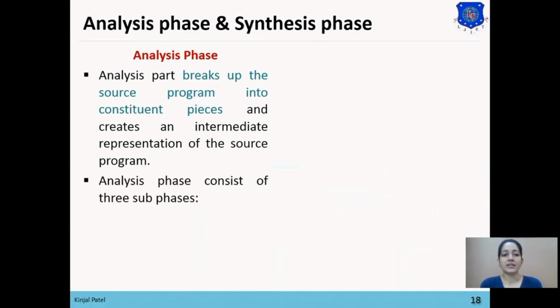So the analysis phase consists of 3 sub phases. First one is lexical analysis, second one is syntax analysis, and third one is semantic analysis. Lexical analysis generates the tokens from a source program and passes them to the syntax analysis.